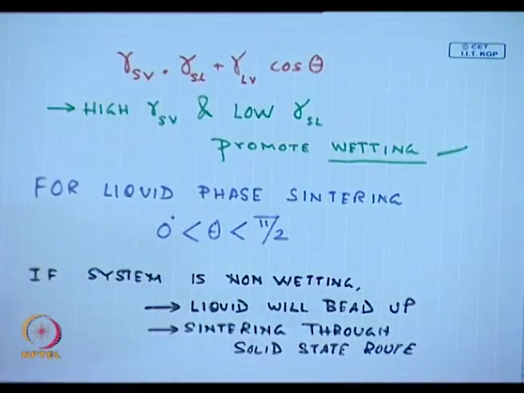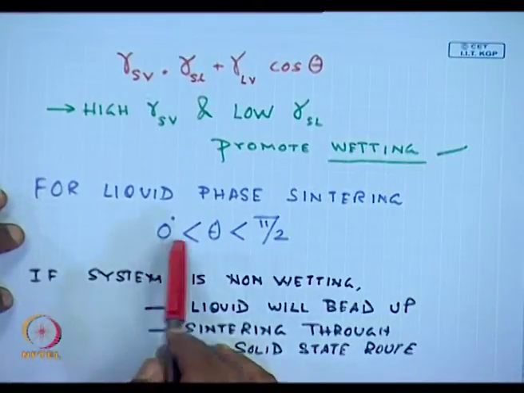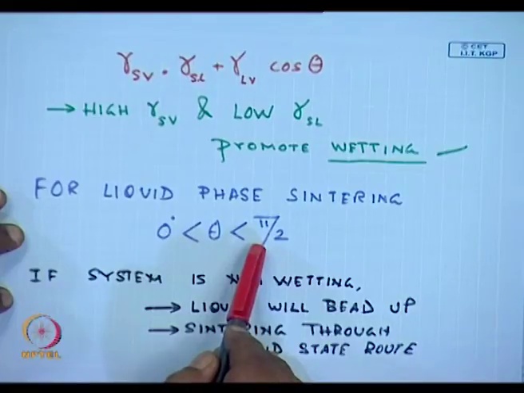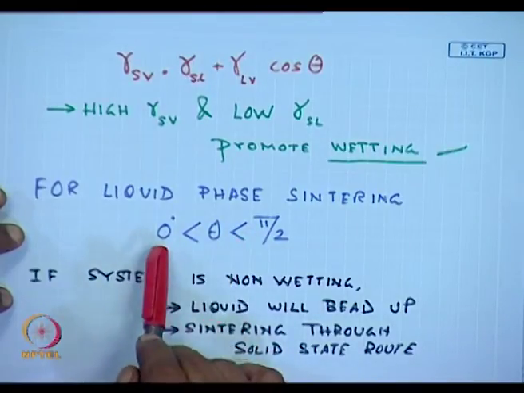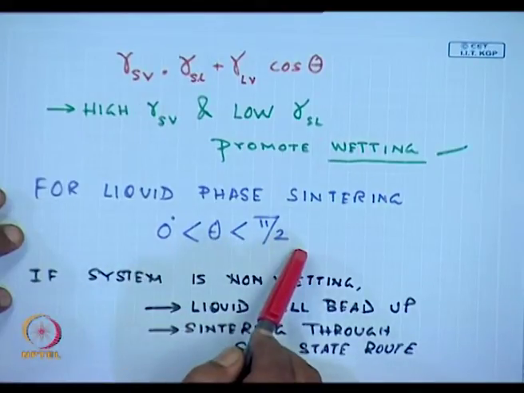For liquid phase sintering, this dihedral angle is always between 0 degrees and pi by 2. This is an essential factor for ensuring liquid phase sintering.